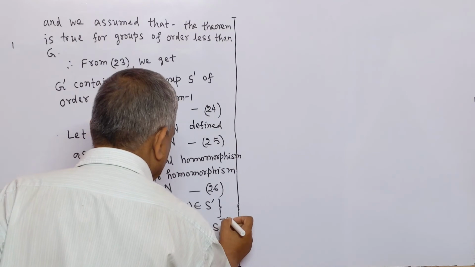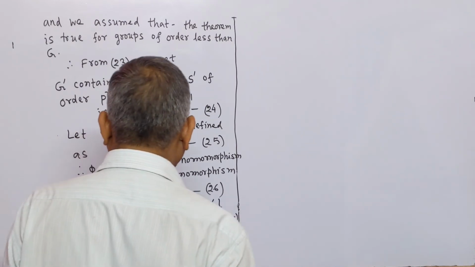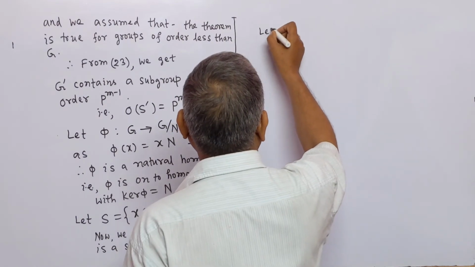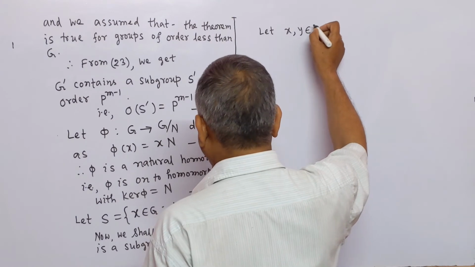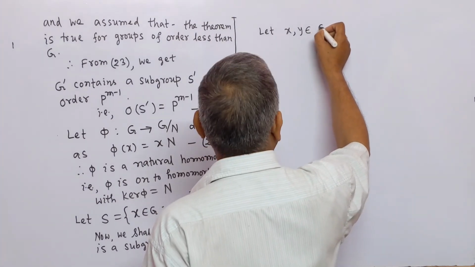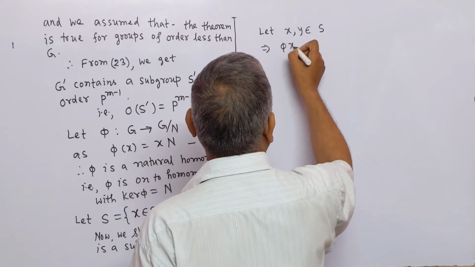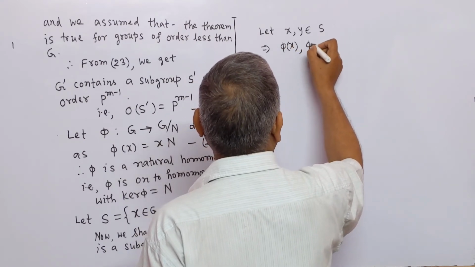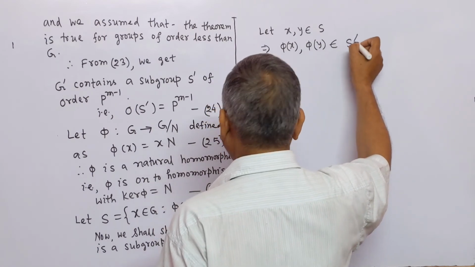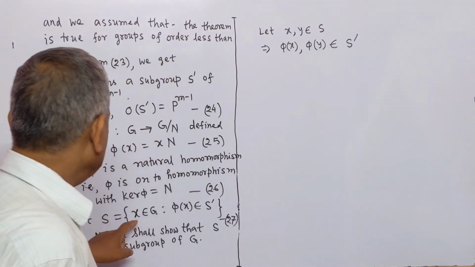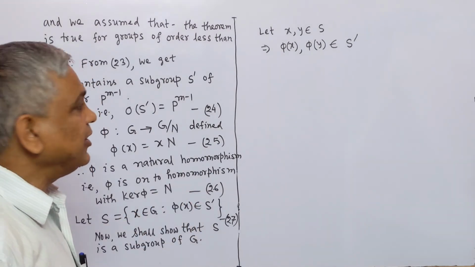This is 27. Let x, y belong to S implies that phi x, phi y belong to S prime. Here, if x belongs to S, then phi x belongs to S prime.